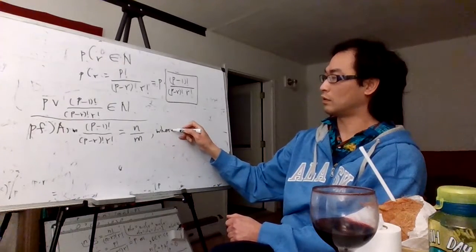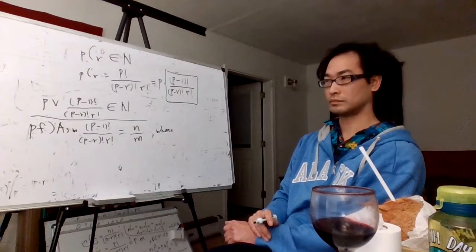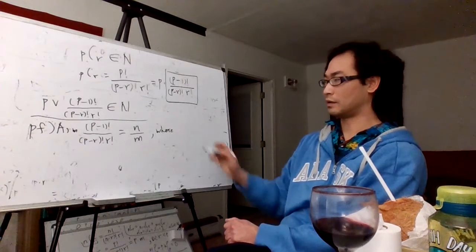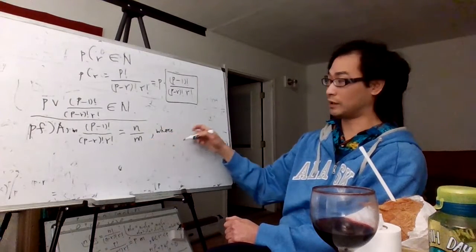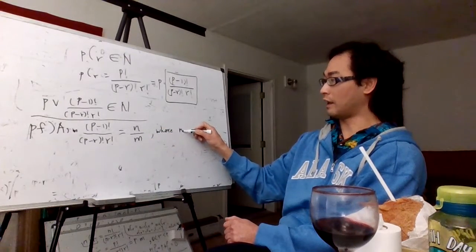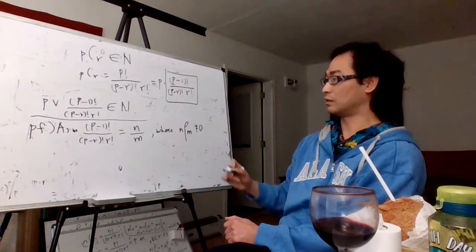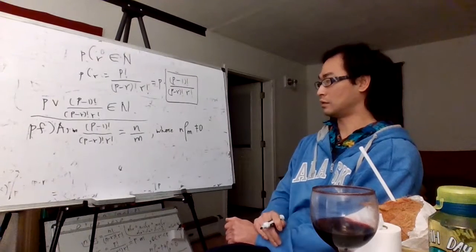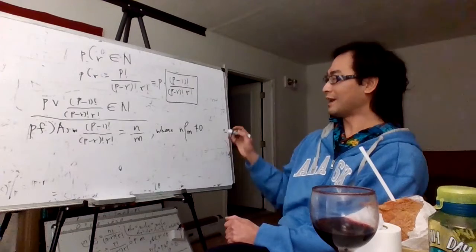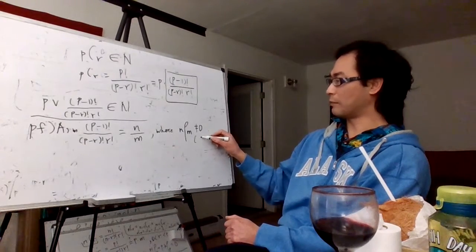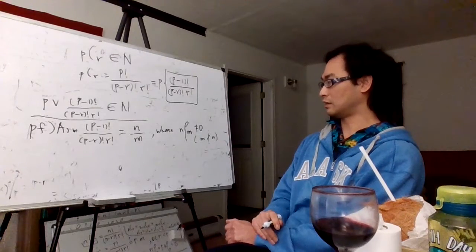Where n is not a multiple of m, meaning n mod m is not equal to 0. Yeah, same way of saying m does not divide n. Okay?